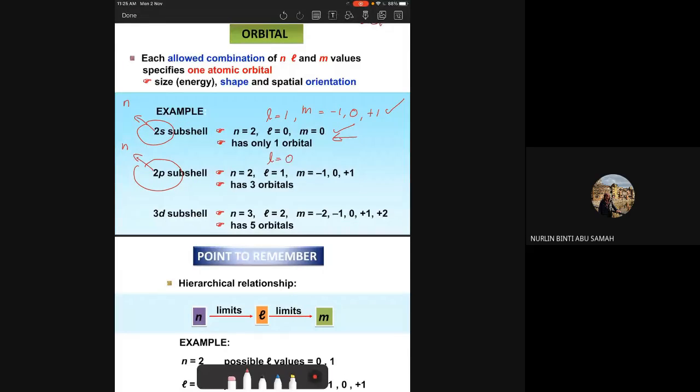If l equals 0, m equals 0. For example, if l equals 1, m must be negative 1, 0, plus 1. Okay, so this is how you write the combination of n, l and m.